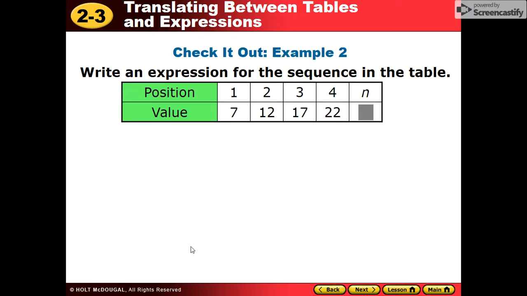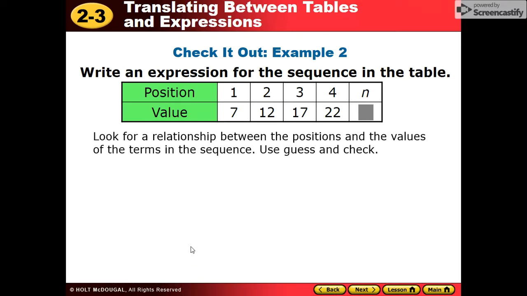Is this the same as your check it out for position and value? Nope, it's not quite the same. But why don't you pause it and try it out and see if you can find the pattern. So again, does 7 times n work?